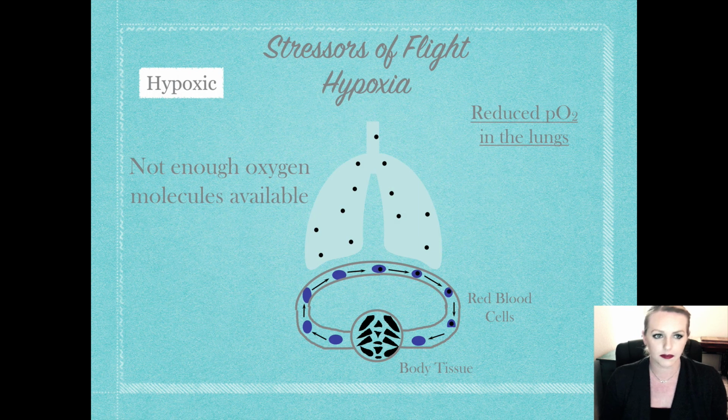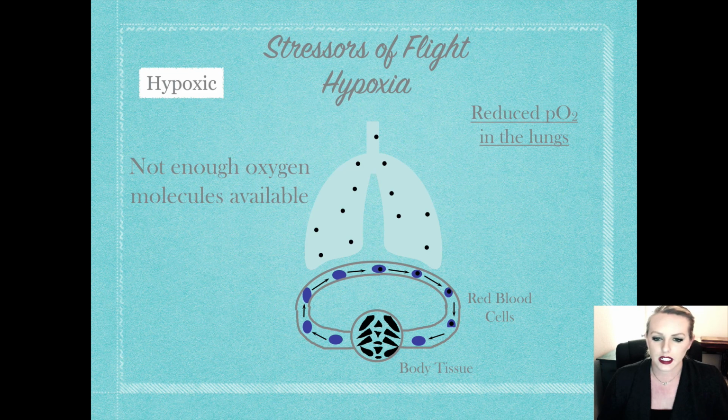So the first one here is hypoxic hypoxia. This is what most paramedics think of when we think of hypoxia. Basically, this is just somebody has a plastic bag over your head and there is not enough oxygen available. So this is reduced partial pressure of oxygen in the lungs.